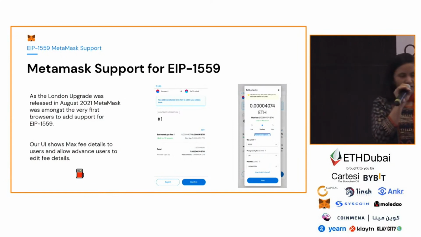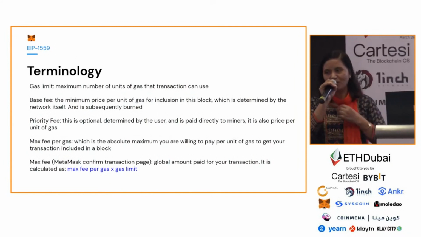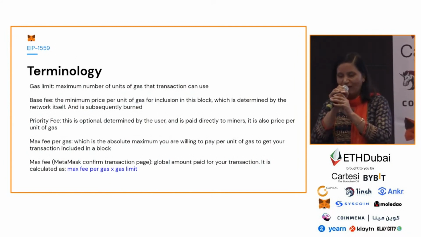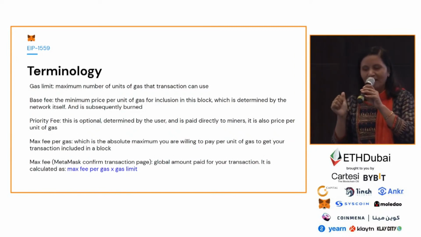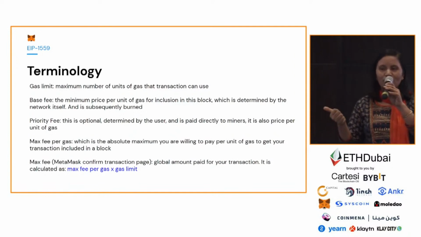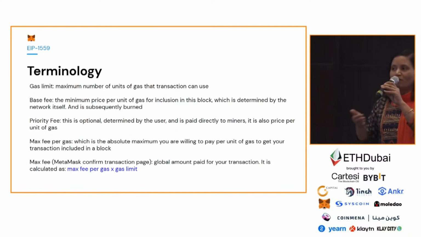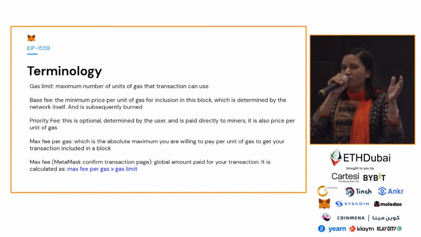Now, there is a couple of terminology here, which is always confusing. So I'll take a minute to explain that. So what is gas limit? Gas limit is the maximum amount of gas I authorize for consumption for my transaction. So suppose I specify the gas limit as 5,000.